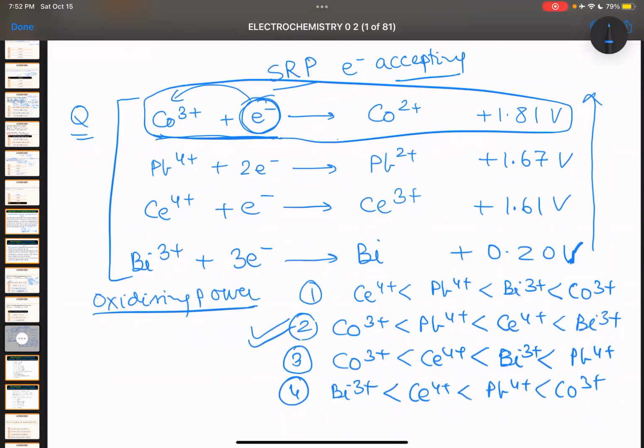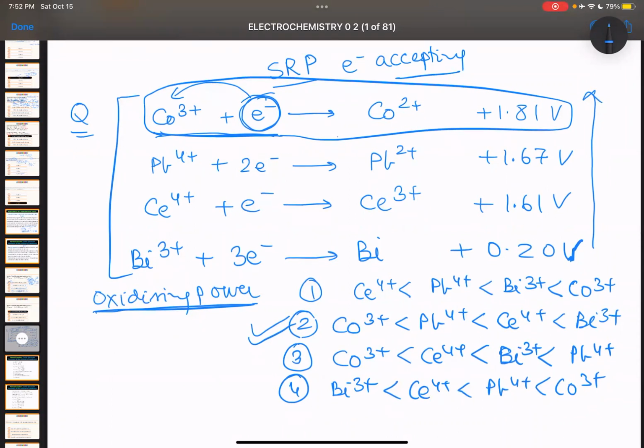Okay, so oxidizing power means the power to make someone lose electrons. So when the oxidizing power is going to increase, which ion is going to have the highest oxidizing power?